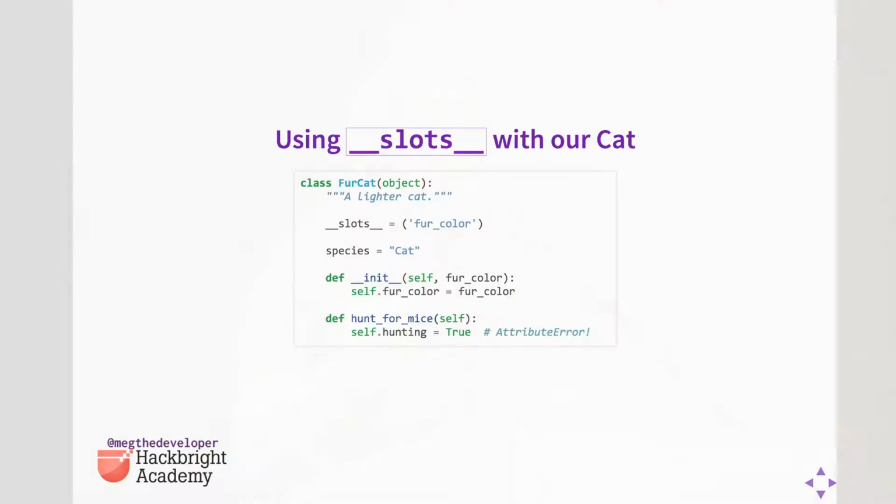I can still assign the fur color because I've provided for that in my Dunder Slots tuple. That can also be a list. There's a little bit of confusion about which is better, but I use a tuple because I love tuples. And then when I call my hunt for mice function down here, this actually throws an attribute error because I'm not allowed to create an attribute called hunting, right? I didn't provide for that in my Dunder Slots. So it's a little limited.